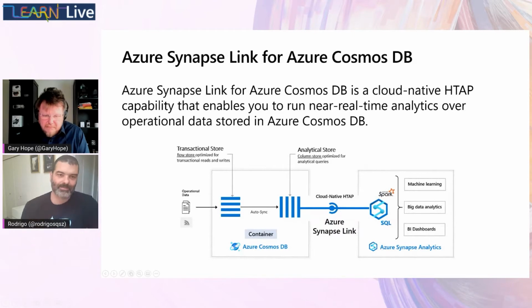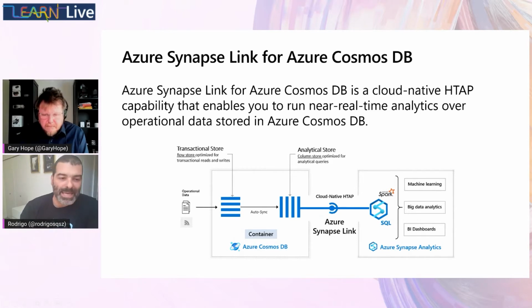Azure Synapse Link is our HTAP cloud-native solution for analytics on top of your Cosmos DB data, right? And how it works: your applications will ingest data into regular Cosmos DB containers, and let's call it the transactional store. This is a row-oriented storage, and it's great for transactions, but it doesn't work well for analytics.